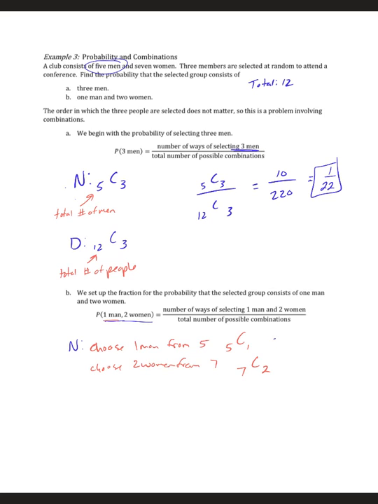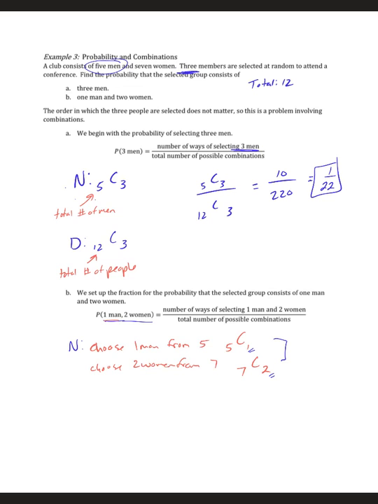You can see that 1 plus 2 gives us the 3 that we're selecting. If it's asking for 3 members, what you're choosing should add up to 3.